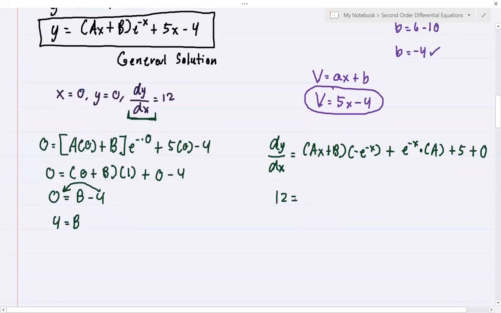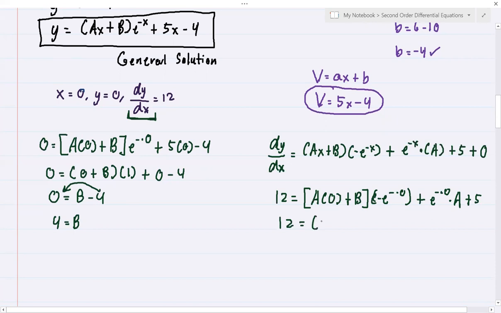Now let's substitute. dy over dx is equal to 12, so we will have 12 equals a times 0, since x is equal to 0, plus b, times negative e raised to negative times 0, plus e raised to negative times 0 times a, plus 5. So 12 equals 0 plus b, and as usual, we have negative e raised to 0.